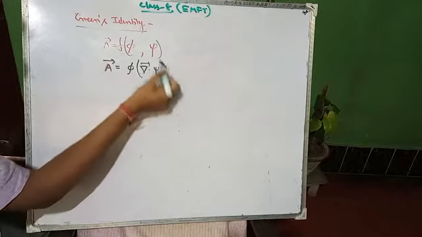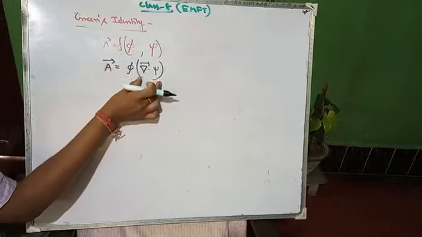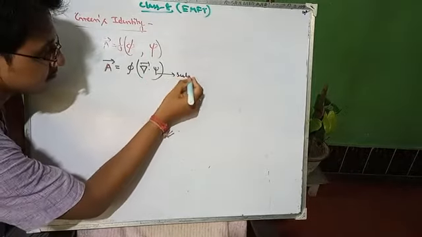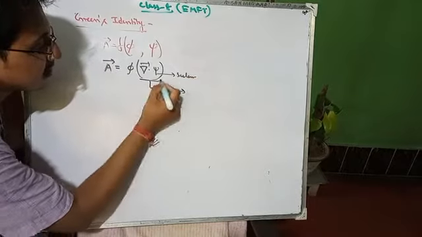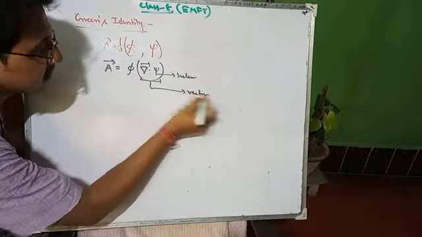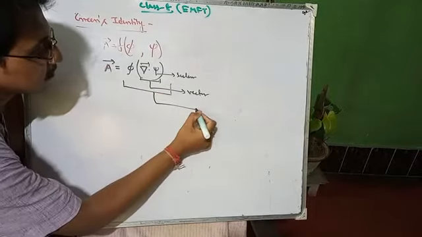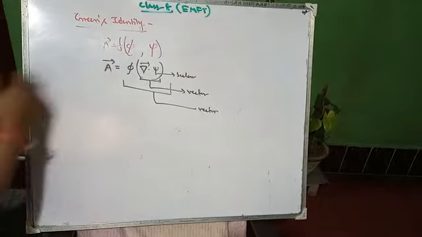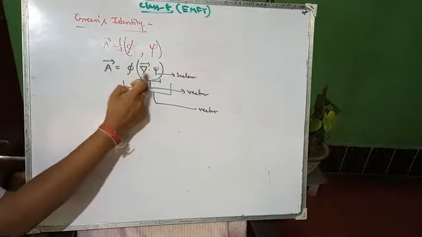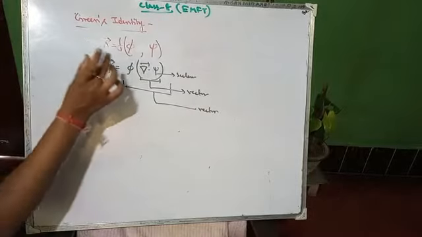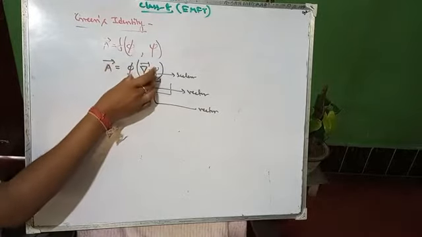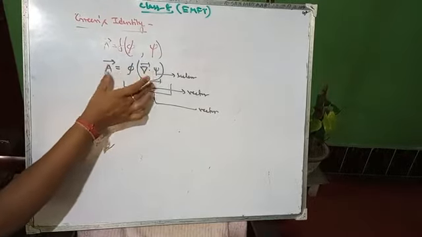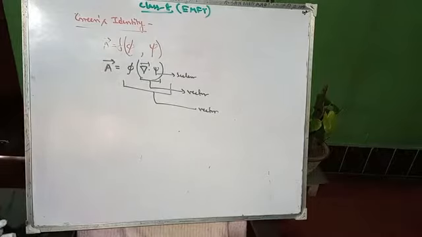Gradient of psi means a vector, and this vector multiplied with a scalar produces a vector. This is a scalar, this term is a vector, and multiplied together they give another vector. So a vector can be formed by multiplying these two scalar components in a particular fashion, and we form a vector A.